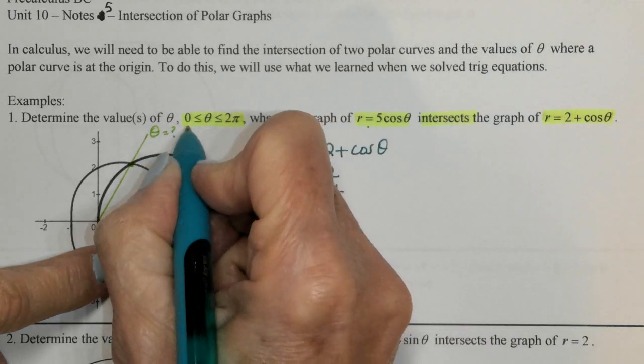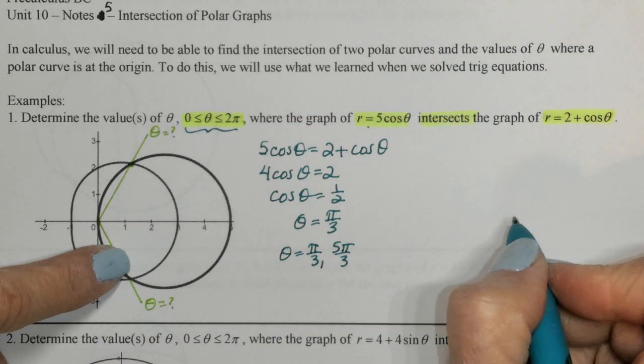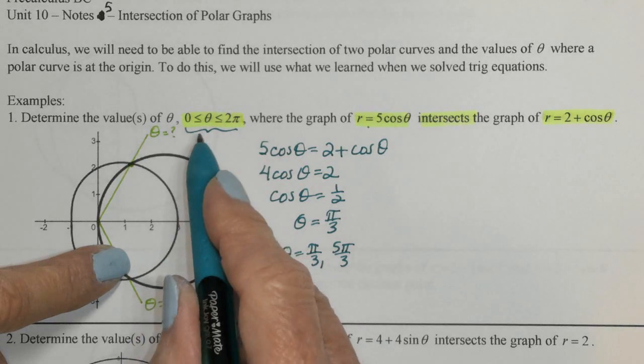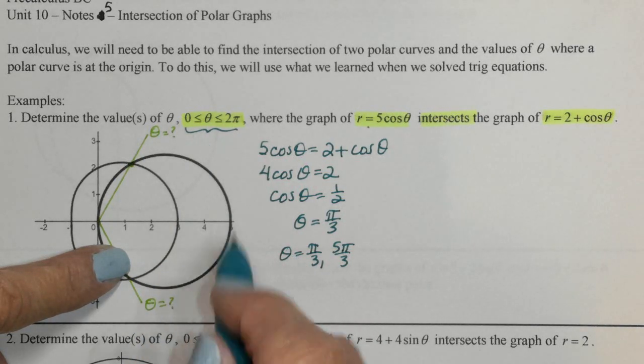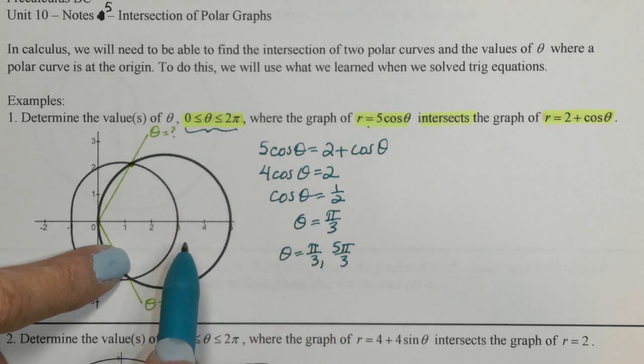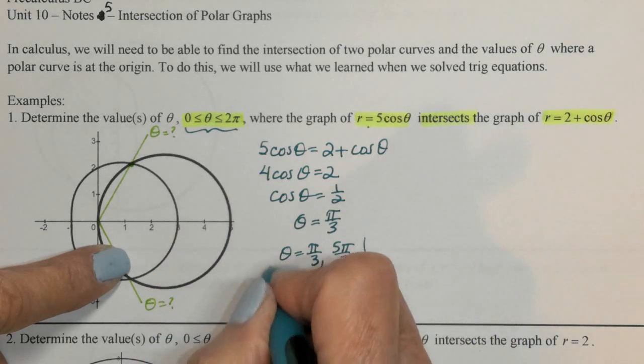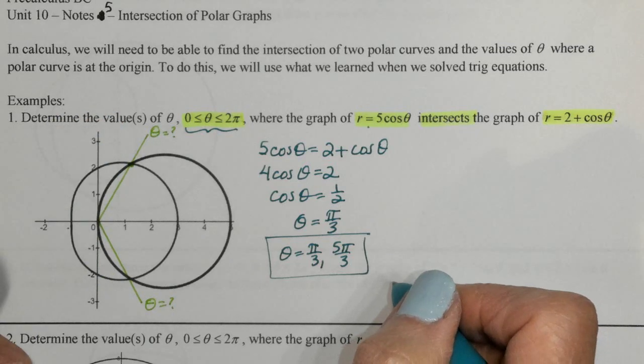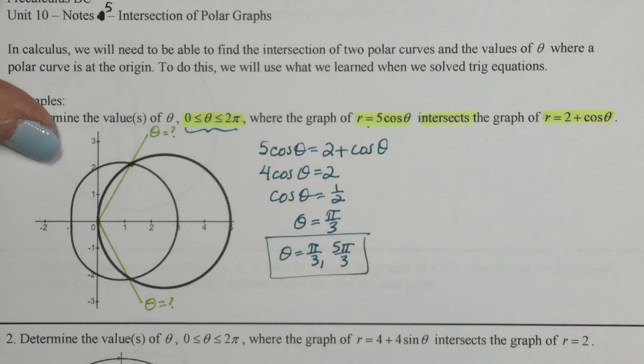And remember, our answers are going to be in here. I could have used negative pi over 3 as well, right? But that would fall outside of our boundaries. So we want to make sure that we obey what we're being told to do. So these would be the two values of theta where these two graphs intersect.